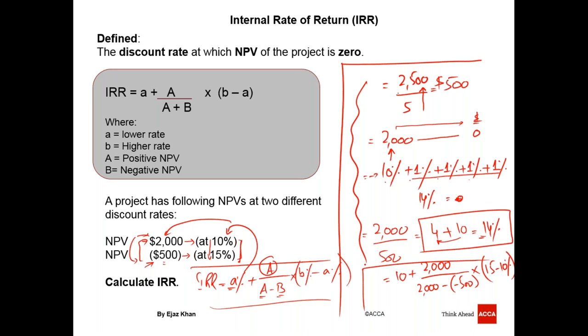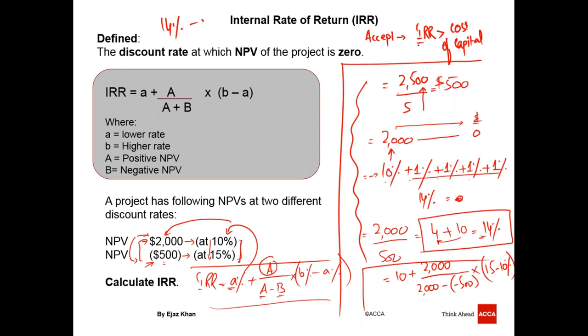IRR is simply telling you that the project will have no savings at 14% return, at 14% discount rate. So at 14%, you won't save anything. Now just compare this 14% with your cost of capital. So the rule will be accept the project where IRR is greater than cost of capital.